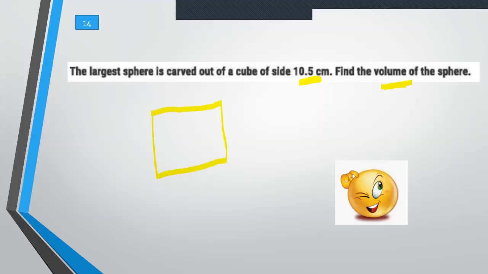Cube means it's a square face actually. So you are carving out the largest sphere from it. So you should understand something. What is it? Ma'am, the 10.5 is diameter. Wonderful. So 10.5 becomes your diameter.